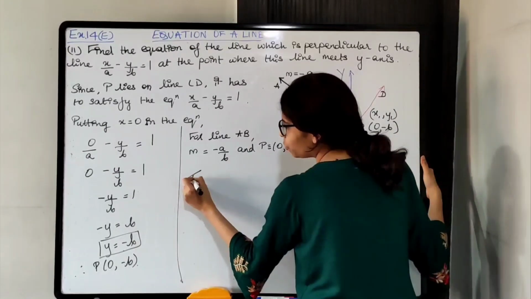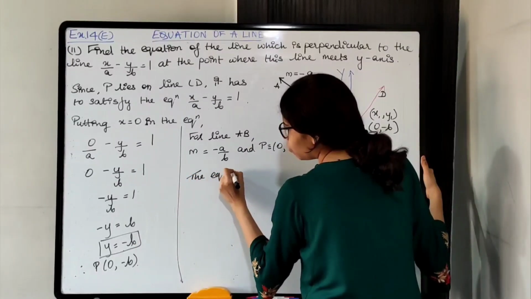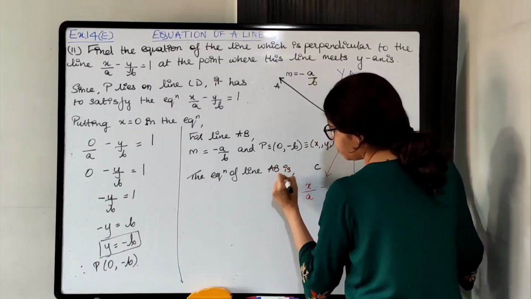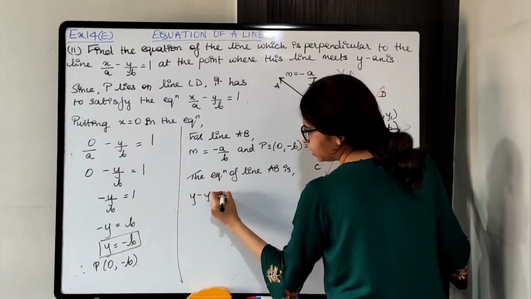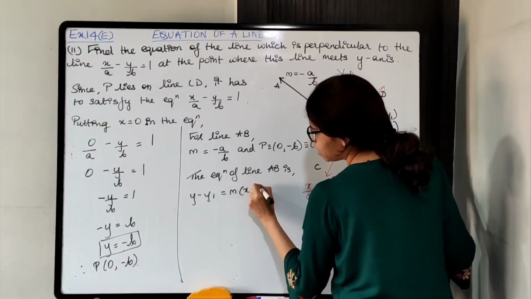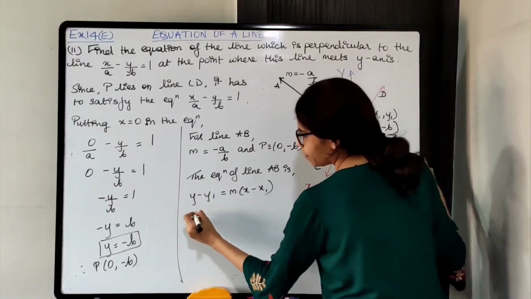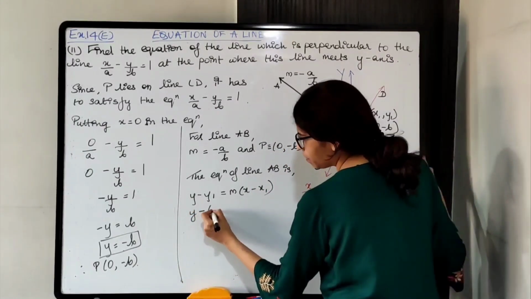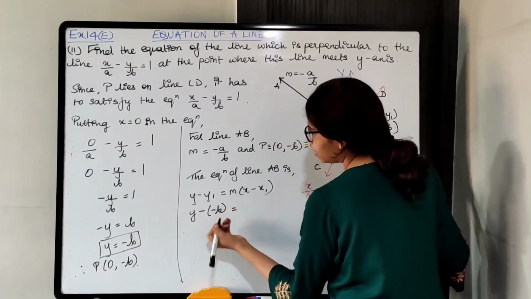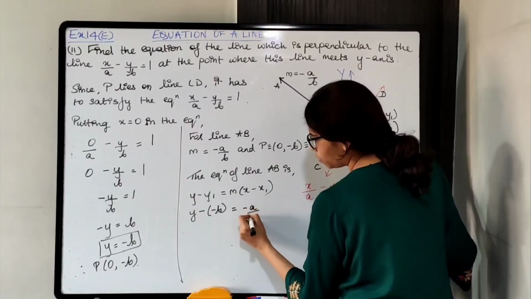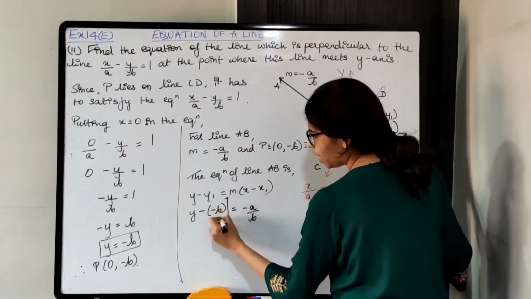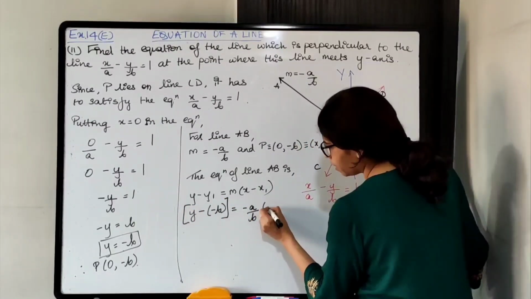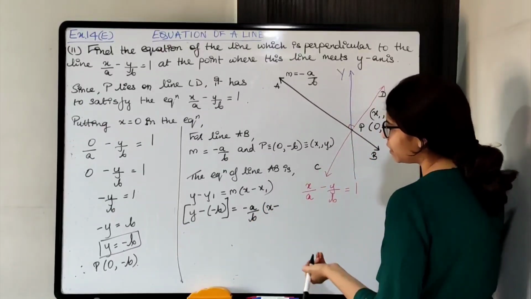So using the formula, the equation of line AB will be y minus y1 equals to m into x minus x1. y1 is minus b, m is minus a upon b. Put brackets over here because we'll shift b over here. x minus x1, where x1 is 0.